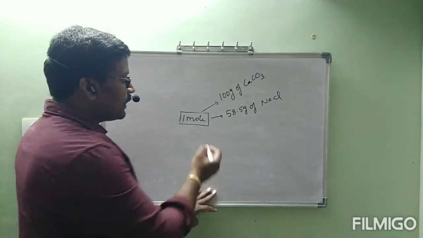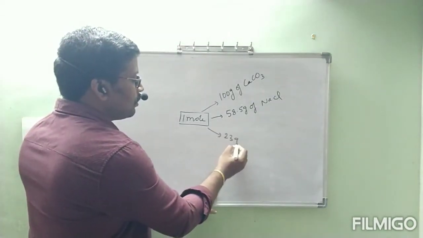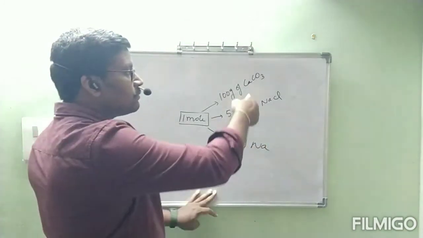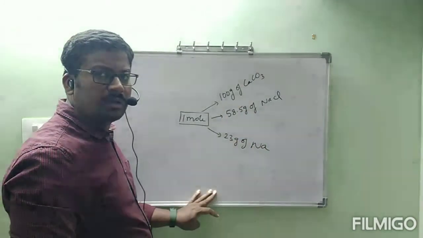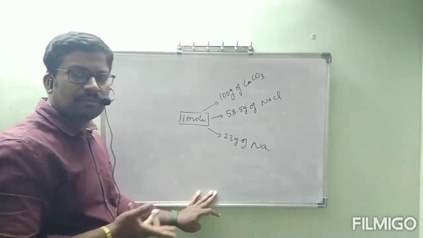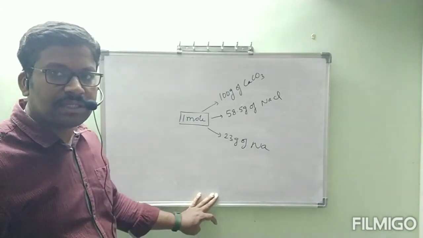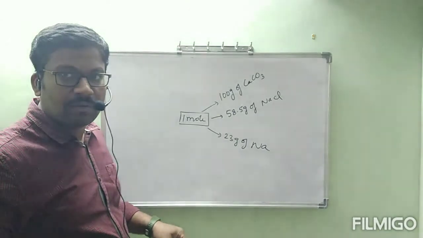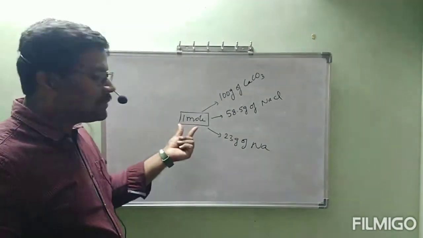We can write 23 grams of sodium. Sir, here you wrote molecules, here you wrote atom. 23 grams of sodium contains how many? 1 mole of sodium atoms. This is gram atomic weight. These are all gram molecular weights. Okay? See, the number is same.